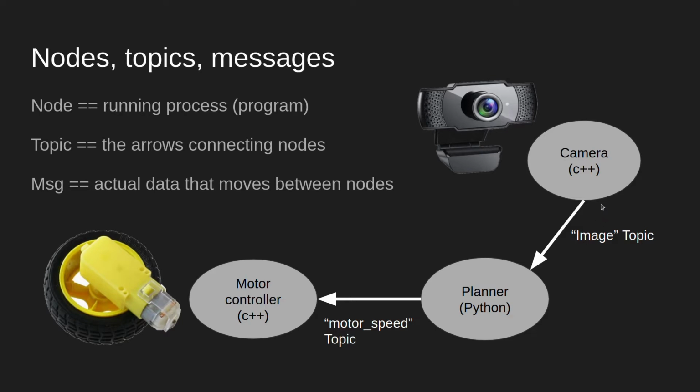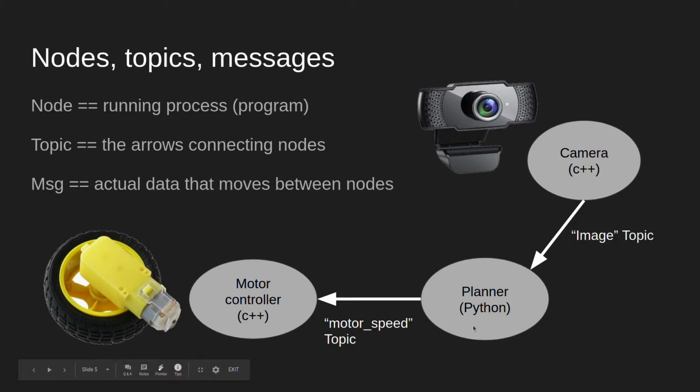We have the camera node, which is written in C++. It reads images from the camera, and then it does some processing on it, maybe some image filtering, maybe it looks for some objects in the picture. It takes that information and sends it over this link, over this topic, to the planner, which may be written in Python.